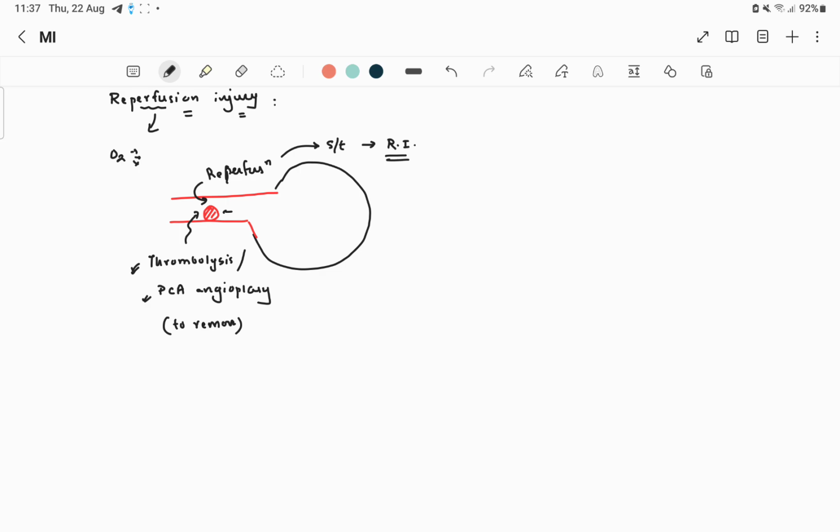And what is the cause of reperfusion injury? The most common cause is reactive oxygen species, right? So what happens is that normal blood was going normally to the heart. This is the heart, but now it was blocked for some time due to the MI. Now when we did reperfusion, there is a traveling of new blood.